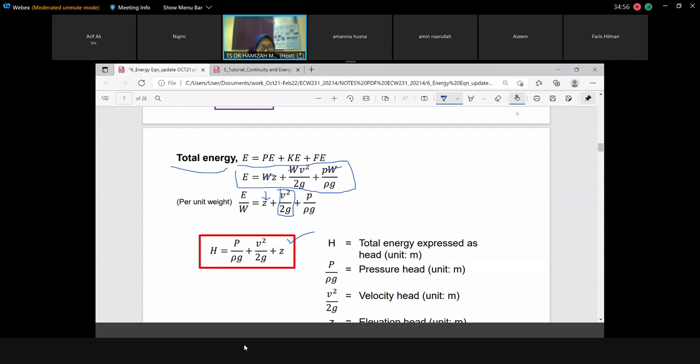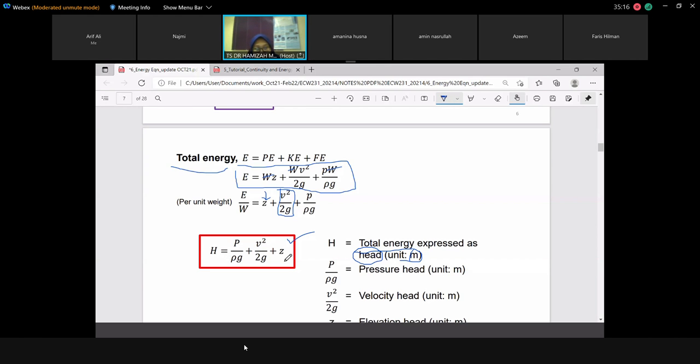Okay, so H here represents total energy in terms of head. If you still remember, you learned head in the pressure topic, it is a unit in meters. Why do we divide by rho g and 2g?